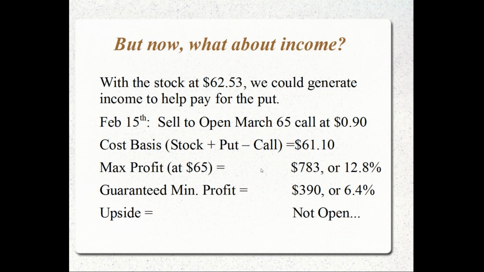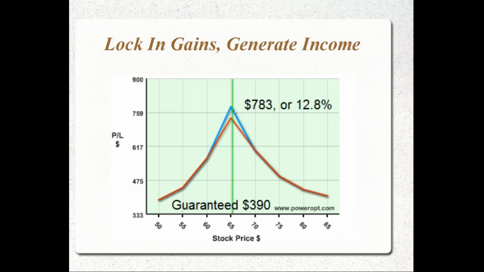But now my guaranteed minimum profit, worst case scenario, the worst that could happen in this position is I'd still make $390 or 6.4%. However, I've got a small problem here. I've now locked in gains for goal number one. I've generated income to reduce my cost basis for goal number two, but my upside now is not open.